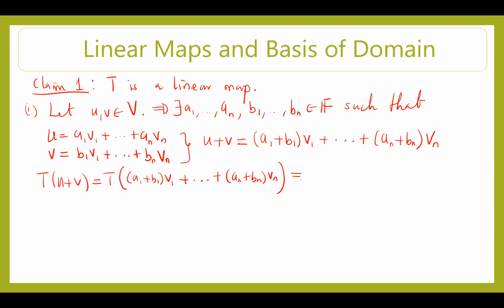By the definition of the T that I defined, when I have T of some constant V1 up to some constant Vn, it produces the same constants times W. So I'm going to have A1 plus B1 times W1 all the way to AN plus BN times WN. Remember that is how T was defined.